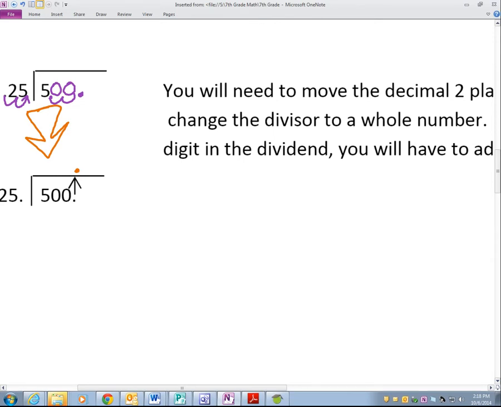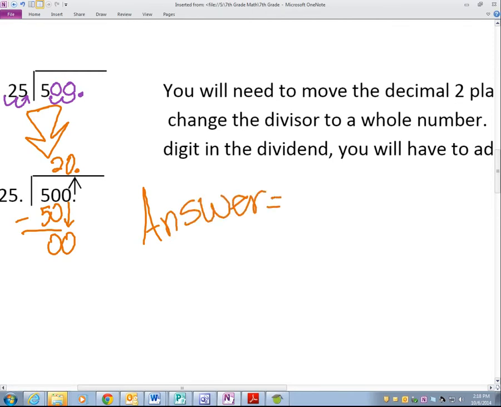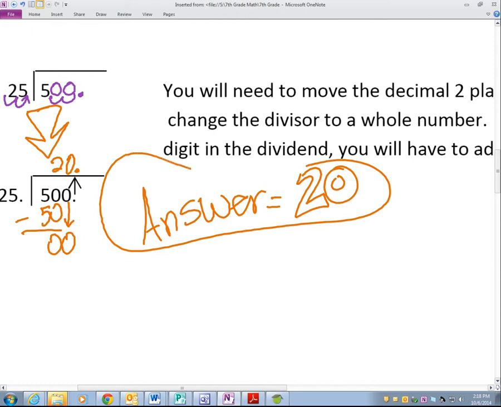So I actually am going to do this division, which is going to be 2 here, 50. Bring that down. How many times does 25 go into 0? 0. So the answer is 20.